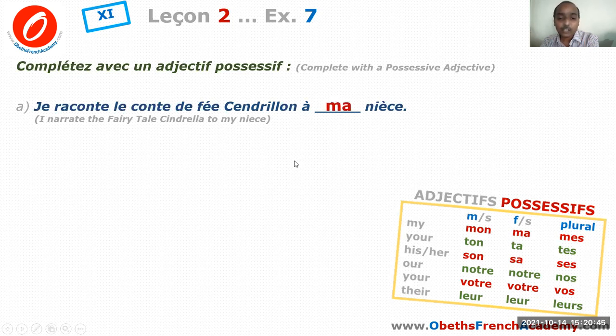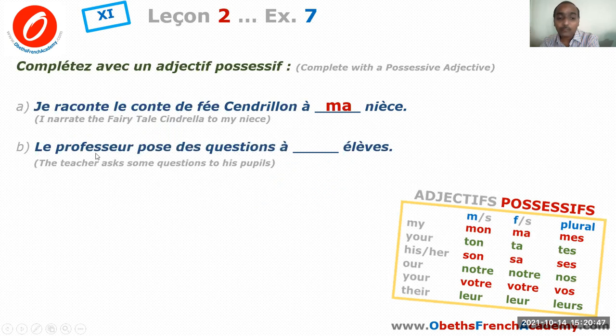Number 2. Le professeur pose des questions à dash élèves. The teacher is asking some questions to dash students, to dash pupils. So the subject noun is the teacher. It is something like third person masculine singular.